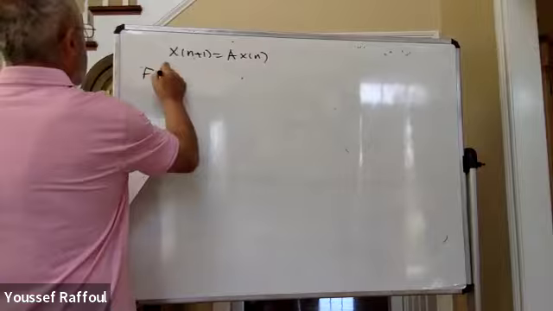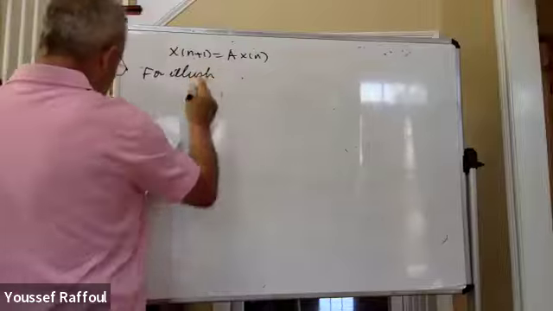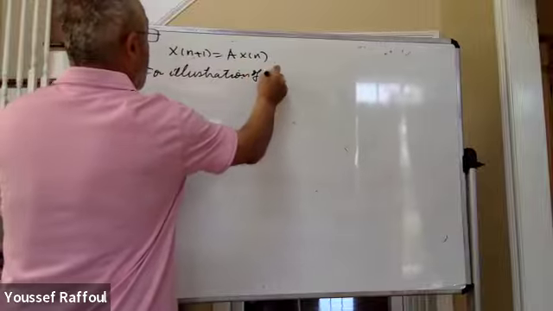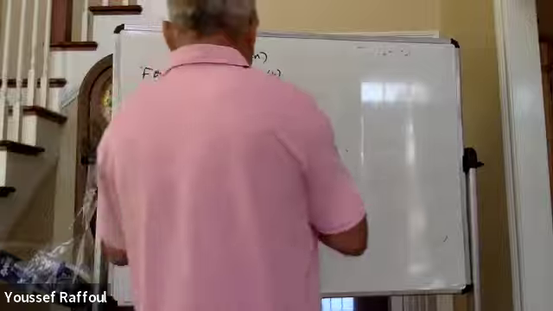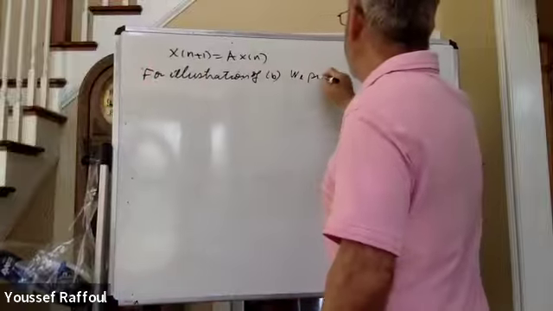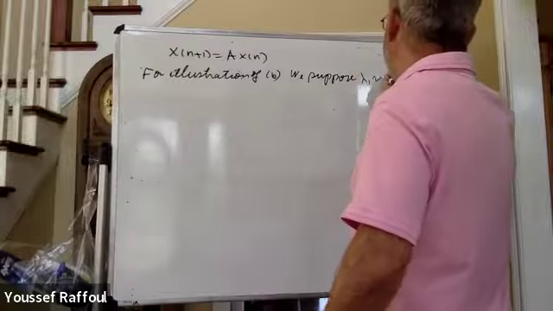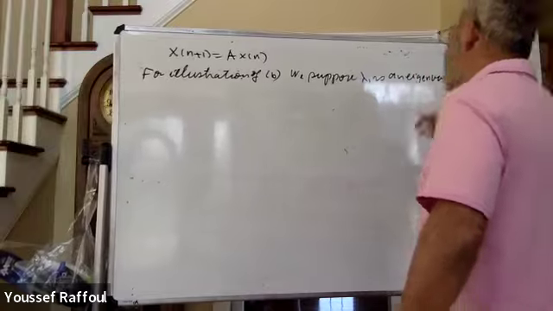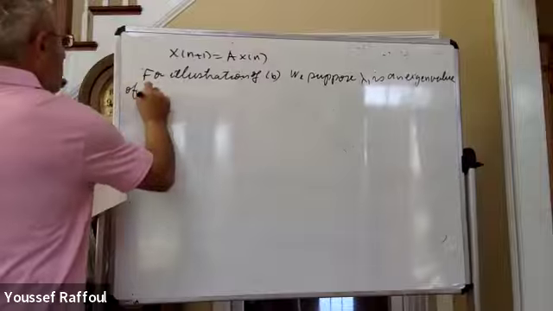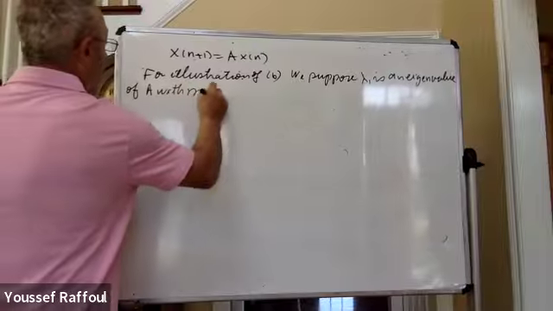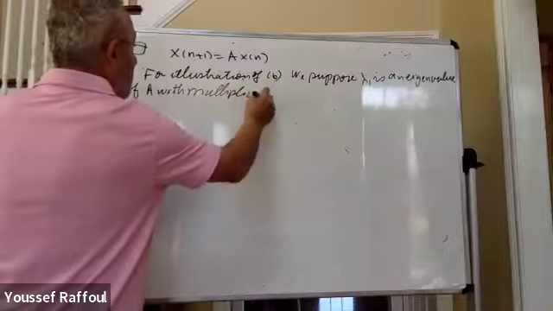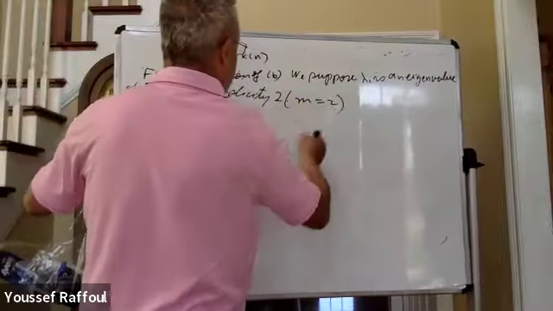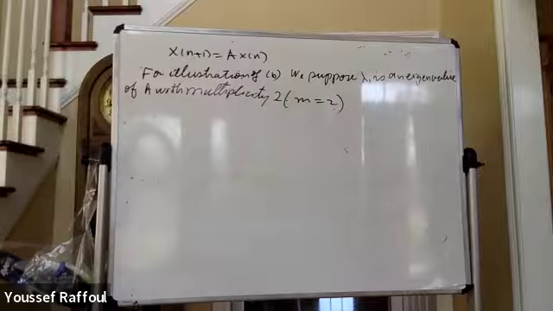Then for illustration of B, we suppose lambda 1 is an eigenvalue of A with multiplicity 2. That is m equal to 2. Okay?